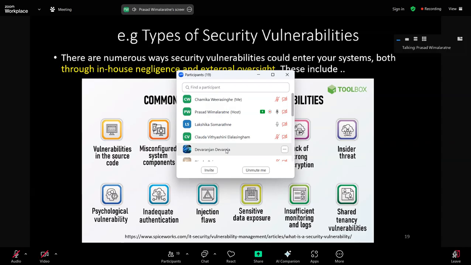They may be due to vulnerabilities in the source code. This is one of the areas you'll be looking at. If you introduce vulnerabilities into your source code, that will lead to security problems later.